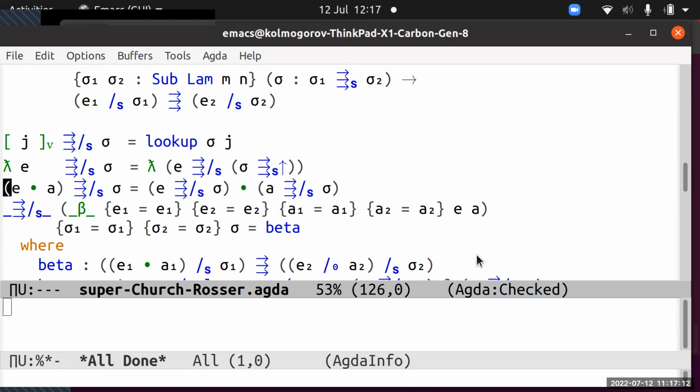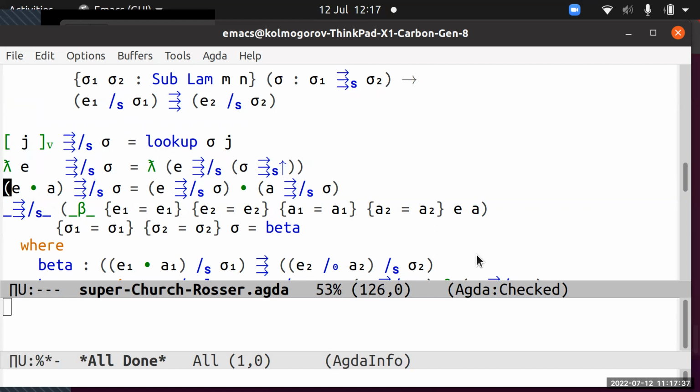Under a lambda, what happens? Well, I have to substitute in the body, but this is now a proof that the bodies stand in the superparallel relation. And now I'm going to say that that proof can be substituted with a proof about the associated substitutions. And that's going to be the lifting lemma.